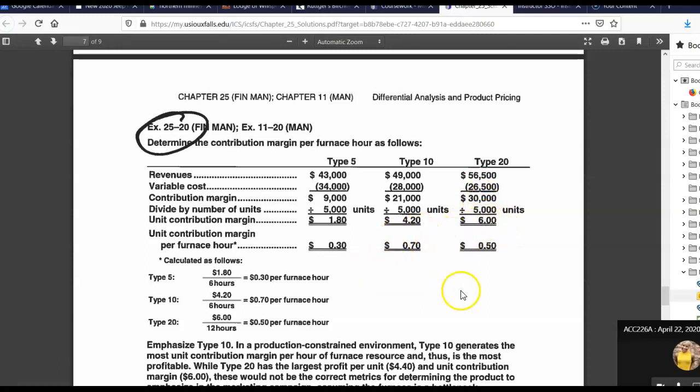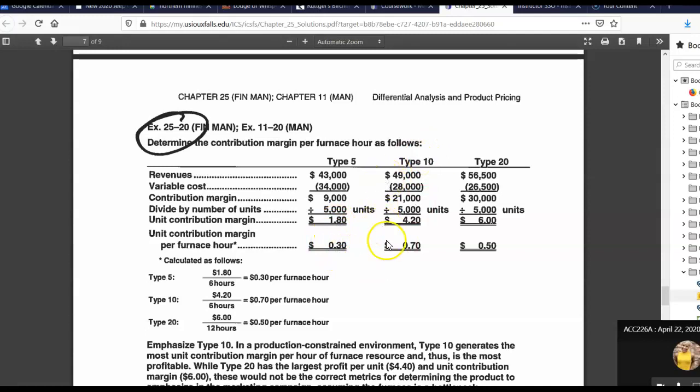The unfortunate part is, though, in type 20, it takes 12 hours for us to earn that, which comes down to 50 cents then per furnace hour. Or in type 10, this looks great, however, type 10 takes 6 hours, and type 5, $1.80 takes 6 hours.